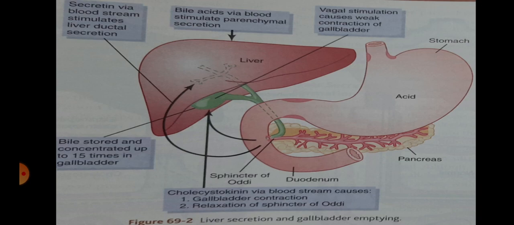The release of bile from the gallbladder is caused by vagal stimulus, which causes weak contraction of the gallbladder, or by cholecystokinin stimulation, which causes potent contraction of the gallbladder and relaxation of the sphincter of Oddi, thus causing the release of bile into the duodenum.